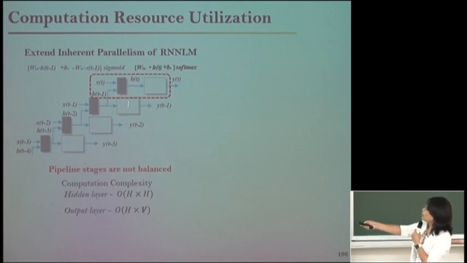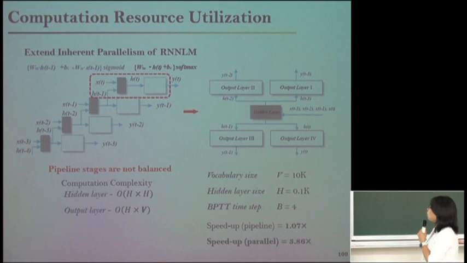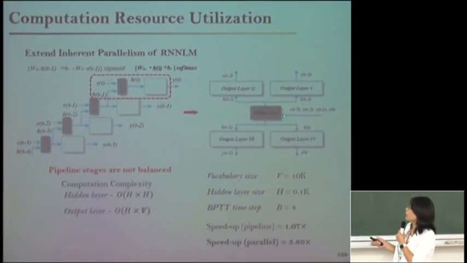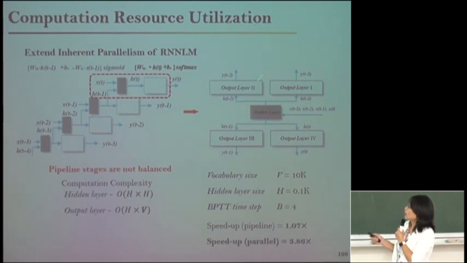In traditional hardware implementations, the bottleneck is the output computation. We propose something very simple: why don't we duplicate the output layer pieces? The backpropagation timestamp in this case is 4, meaning we have an implementation with 4 output layers.